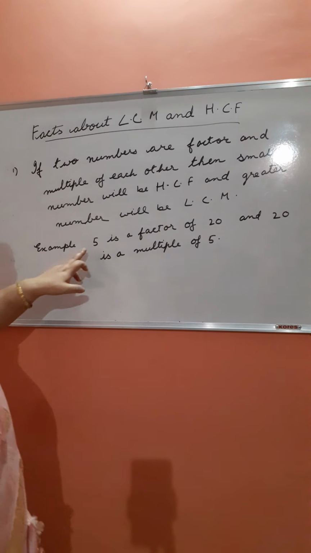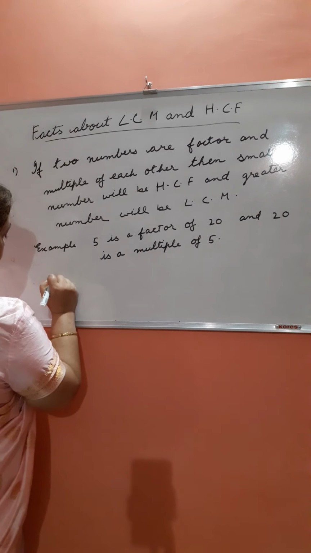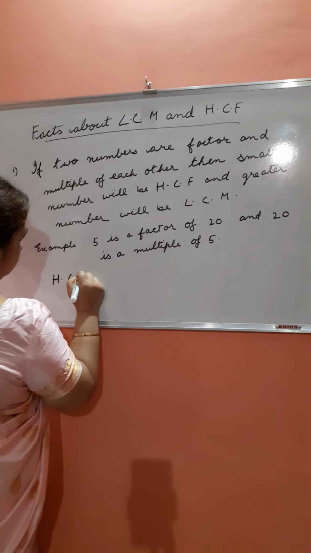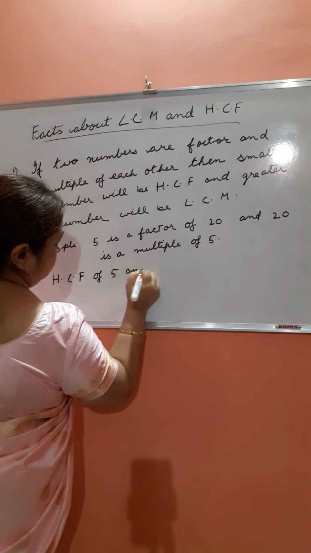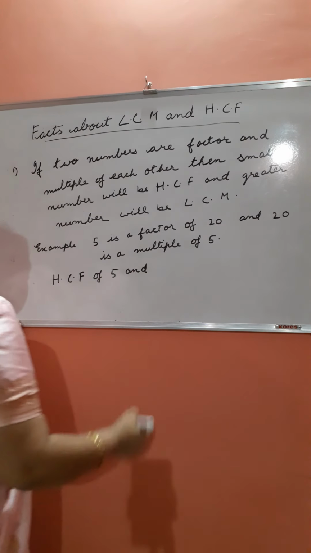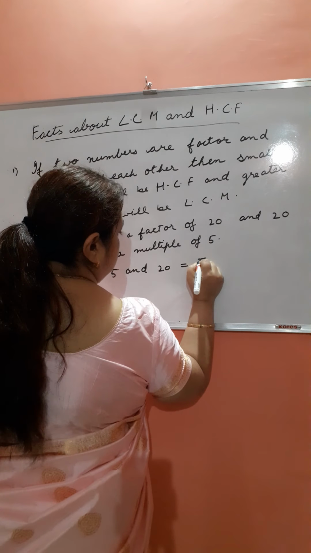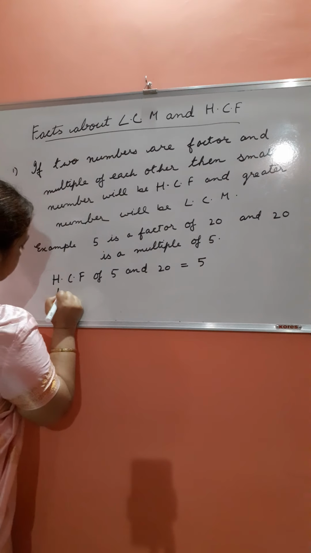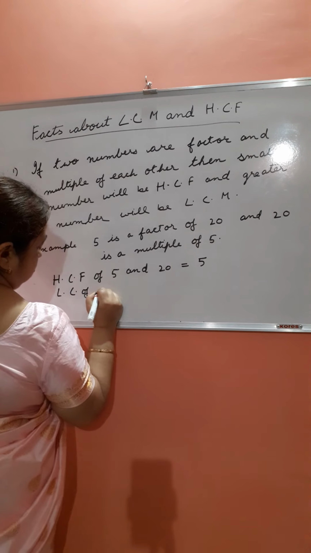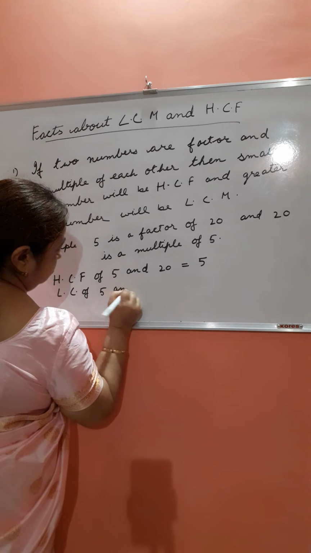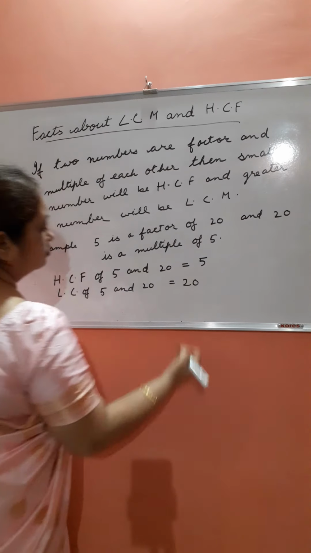So HCF of 5 and 20 will be 5, and LCM of 5 and 20 will be 20.